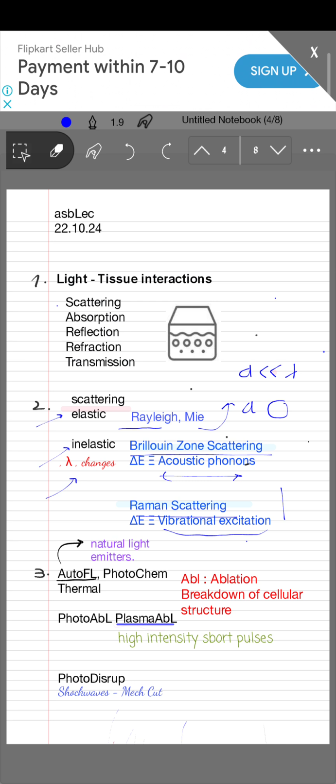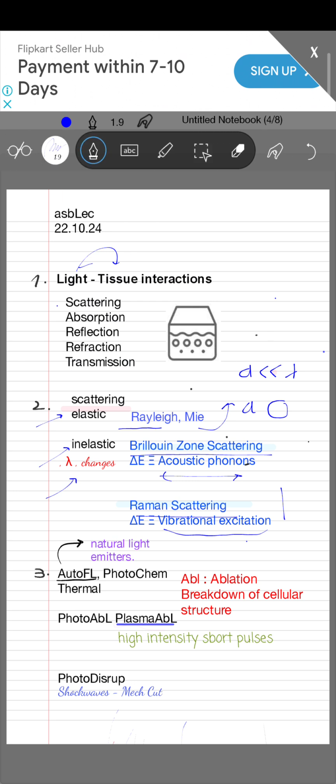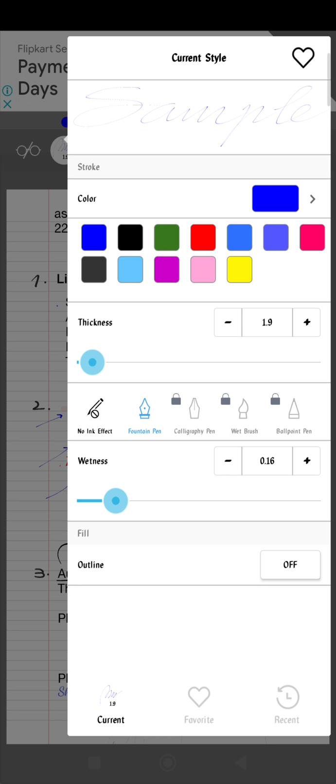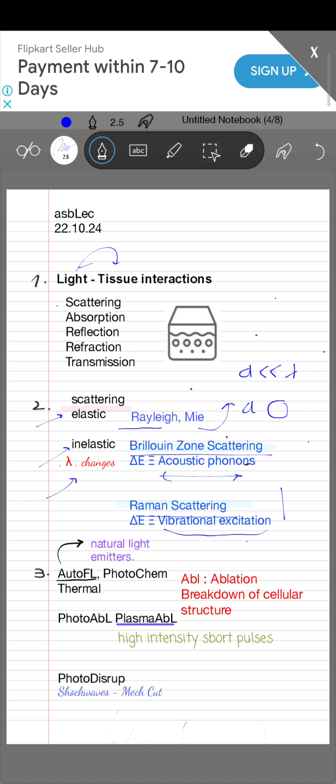For now, let us try to understand that when light interacts with tissues, the following phenomena can take place inside the tissue. The first one is known as autofluorescence.